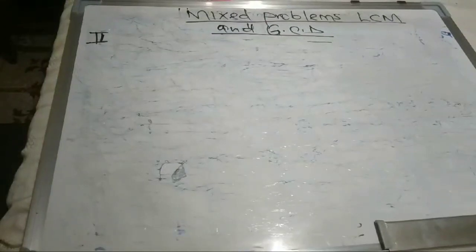Now, the next concept we are going to look at is a situation whereby the LCM of three numbers is given and also their GCD. How do we solve for the unknown number?